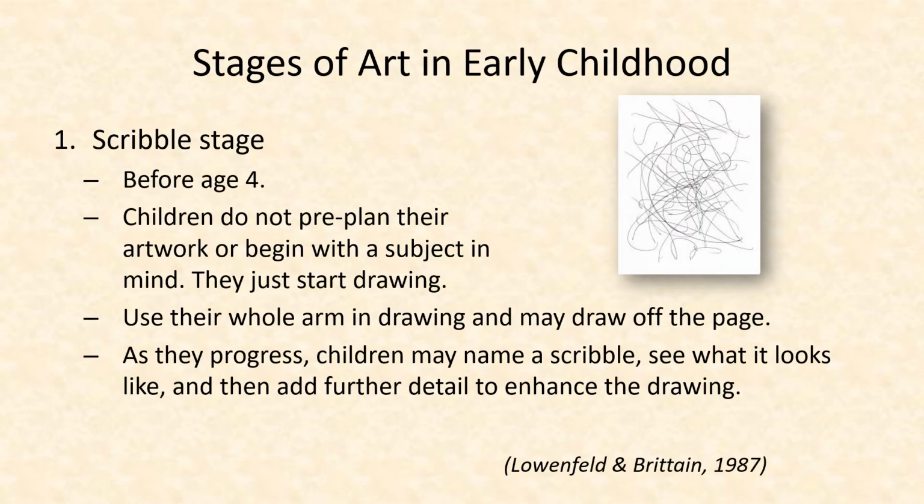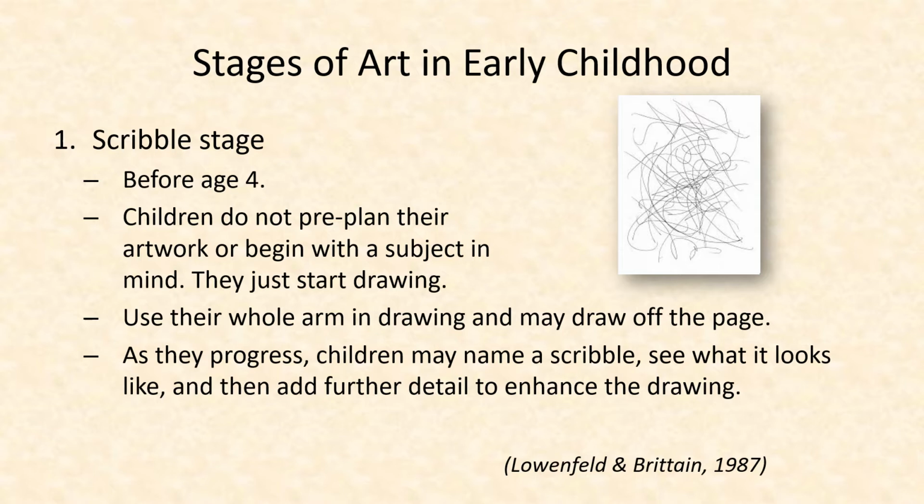Some researchers suggest that our early childhood students develop in terms of art in 3 different stages. The first stage is the scribble stage. This stage we see in children who are under the age of 4.